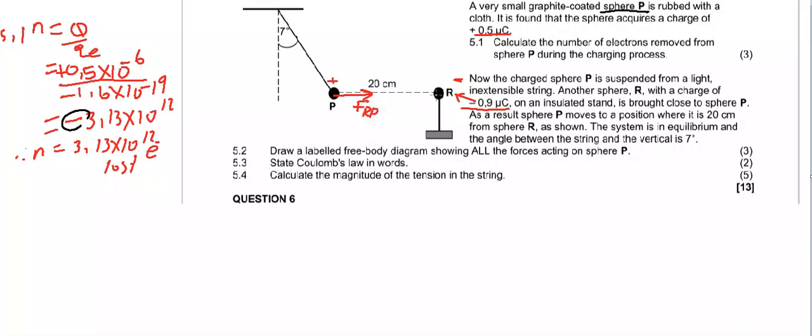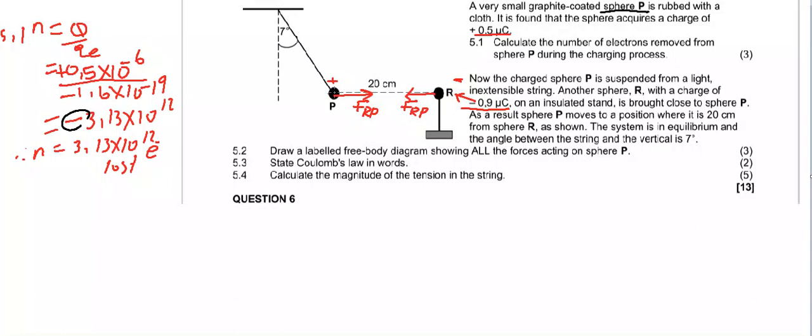Then this one is standing here, so if P feels a force, R will also experience a force, along P. So we are going to say P on R, but it doesn't matter.